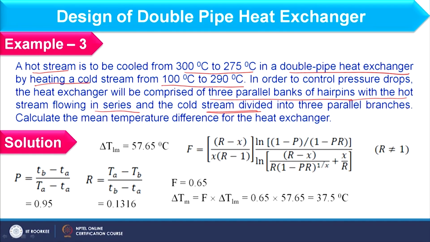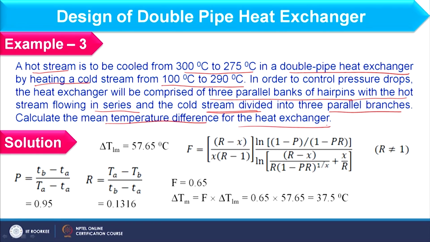So, here we have to control the pressure drop, and therefore, we have considered parallel configuration instead of series for both fluids, right. So, here we have 3 parallel branches, or we can consider that fluid we have divided in 3 different sections, and what we have to find out is the mean temperature difference for the heat exchanger.